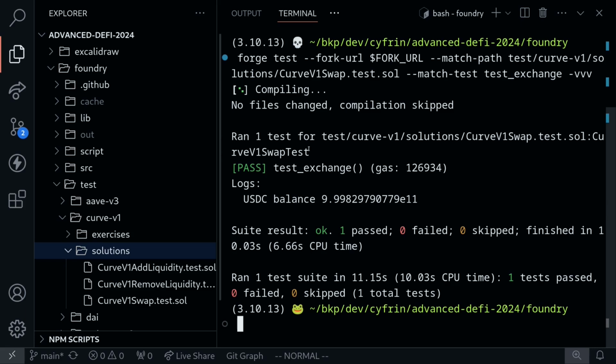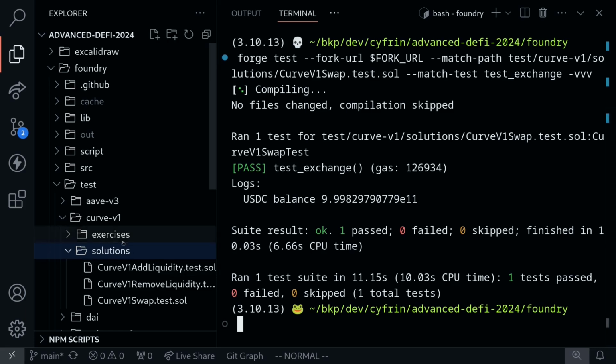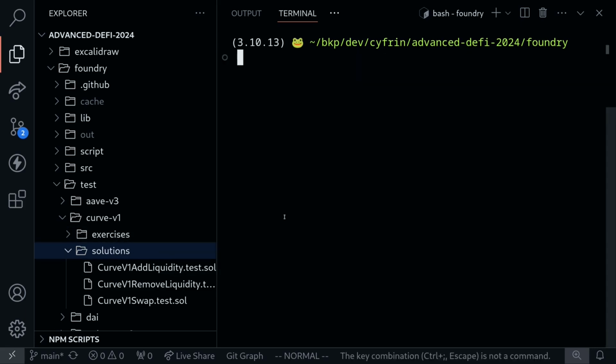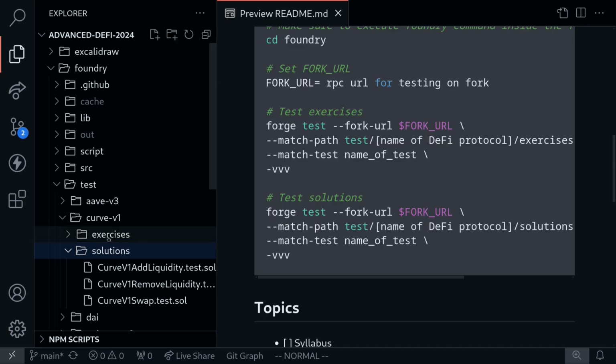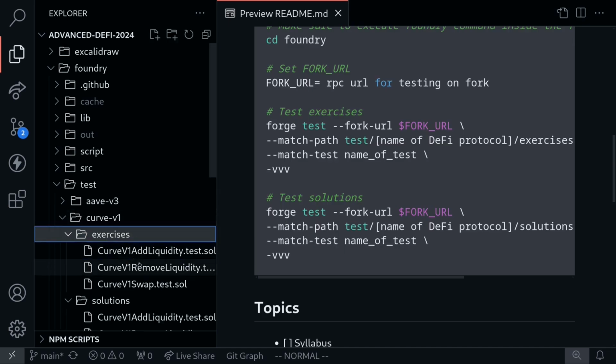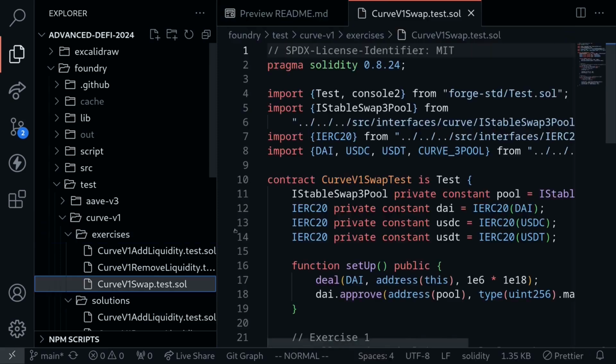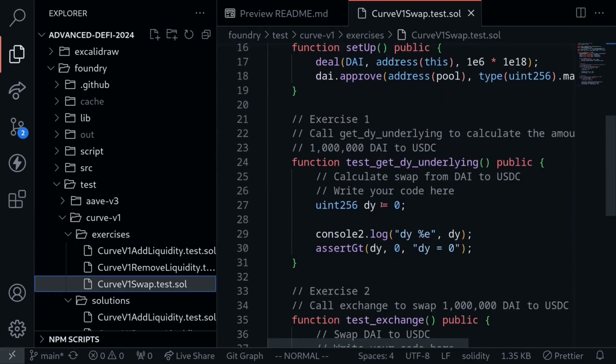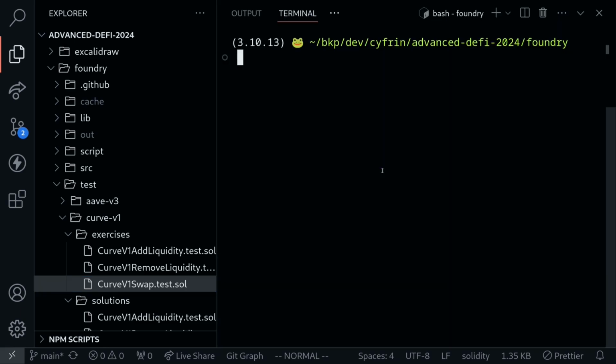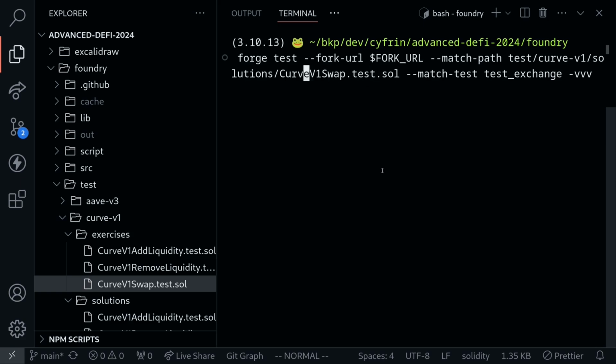And the same goes if you wanted to execute one of the contracts inside the exercises. For one of the exercises, open exercises, let's say CurveV1Swap.test.sol, and then write your code inside here. And to execute the code inside here, inside your terminal, you will execute a similar command to this one, and instead of solutions, the path to the test will be under exercises.